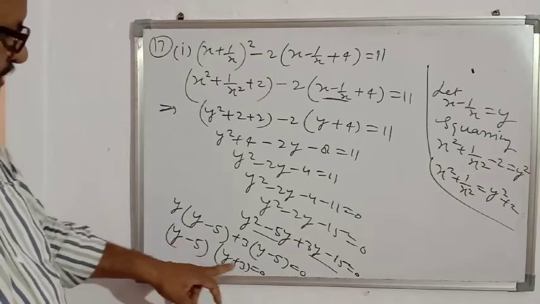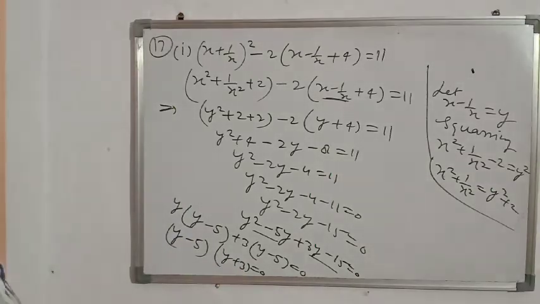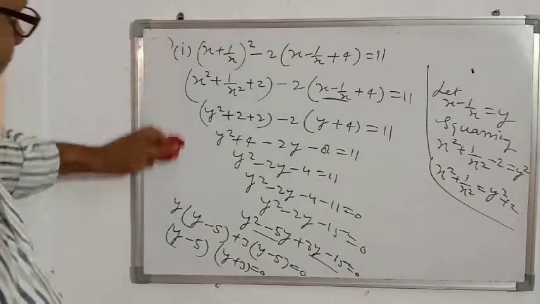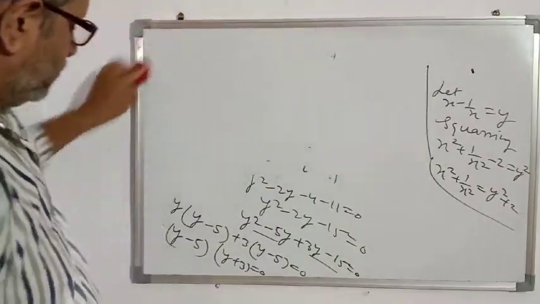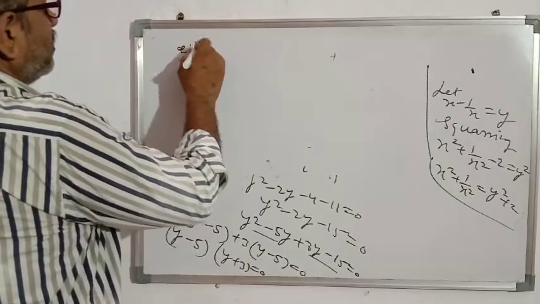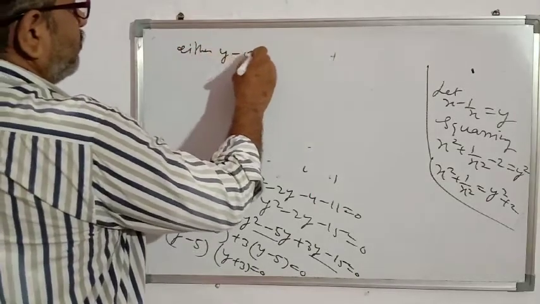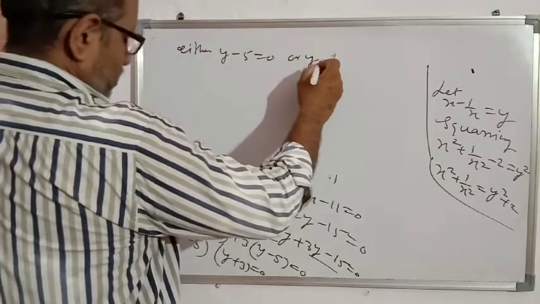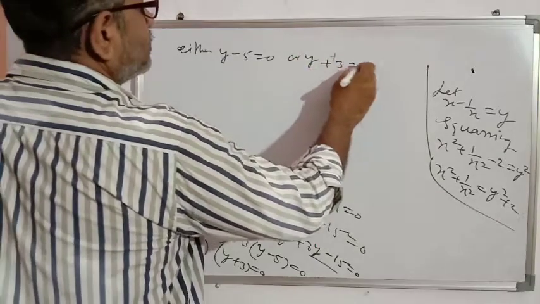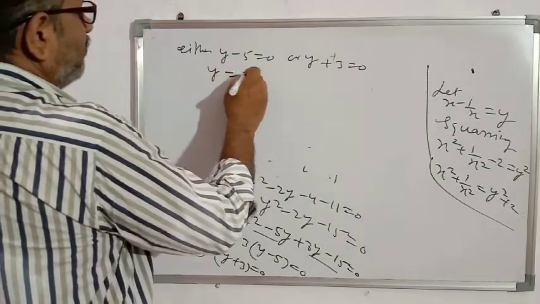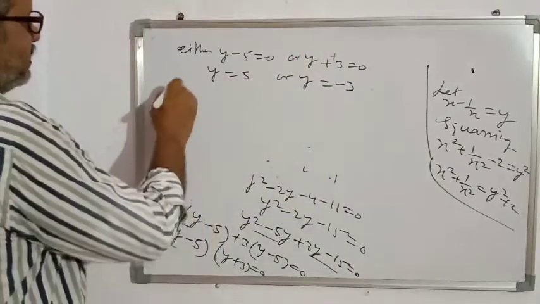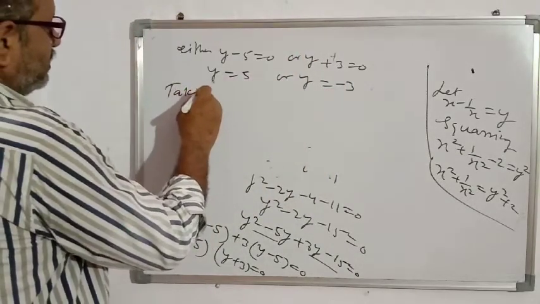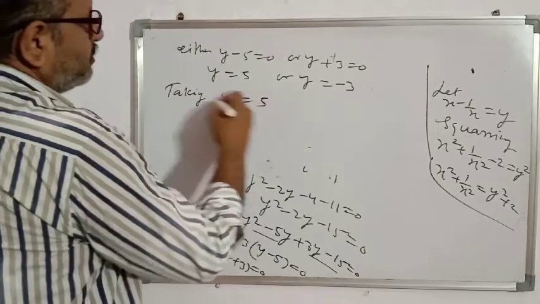So either y minus 5 is equal to 0 or y plus 3 is equal to 0. y is equal to 5 or y is equal to minus 3. Taking y is equal to 5.